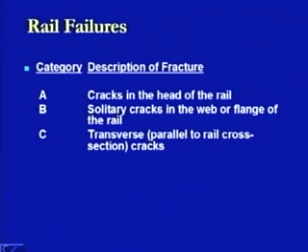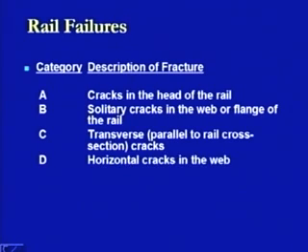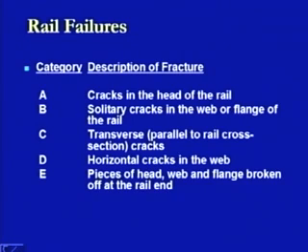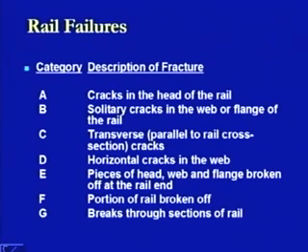Then C is transverse parallel to rail cross section cracks. D is horizontal cracks in the web. E is pieces of head, web and flange broken off at the rail end. F is portion of the rail broken off. G is breaks through sections of the rail.